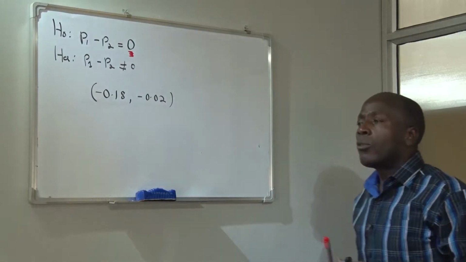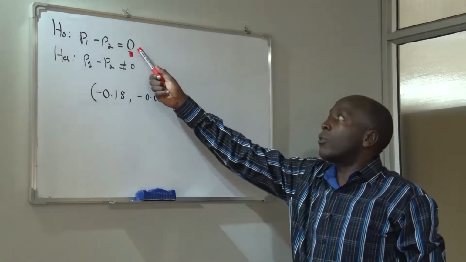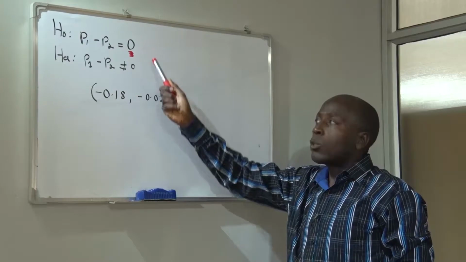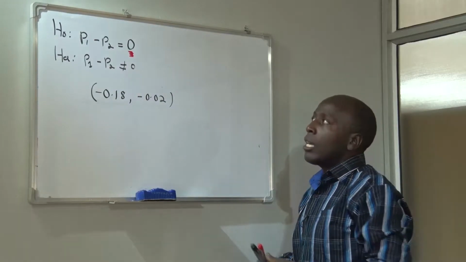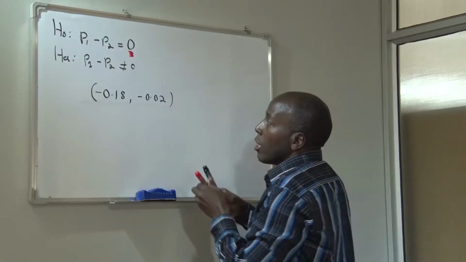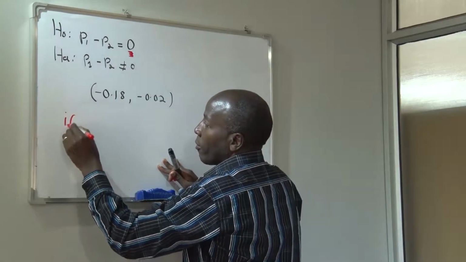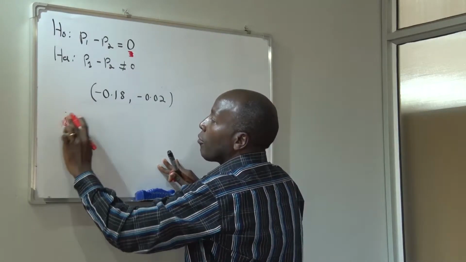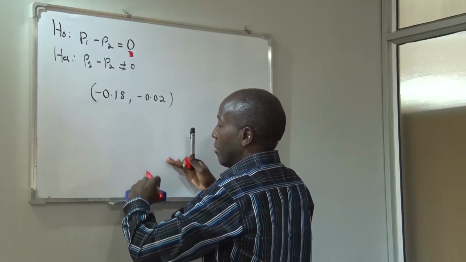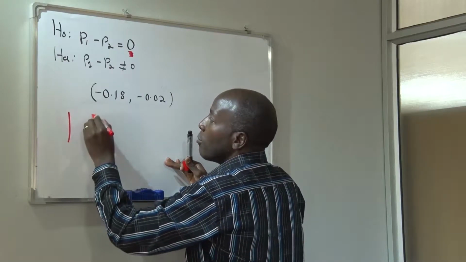So how do we use the confidence interval and the value under the null hypothesis to reject the null hypothesis? If, and this is a big if, so let me make it really big.